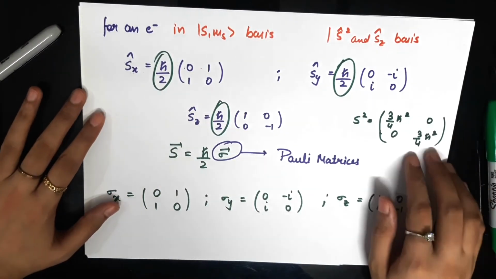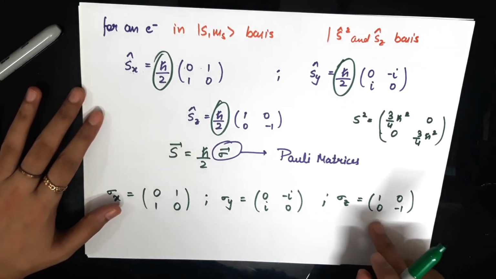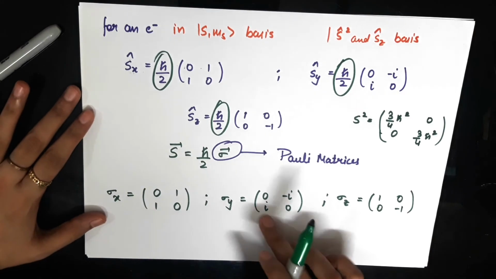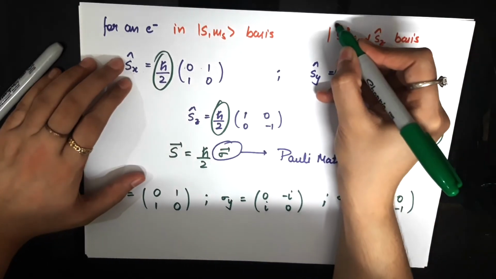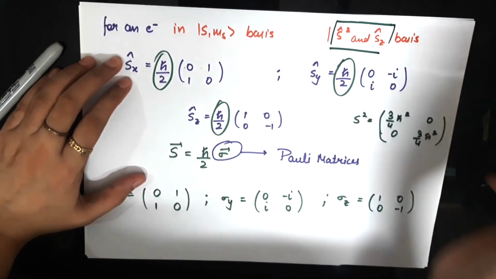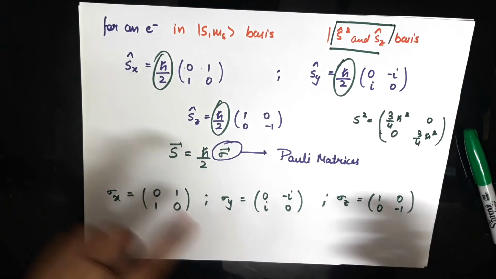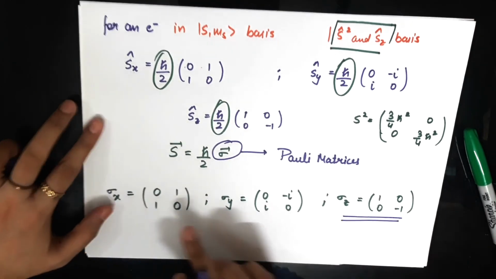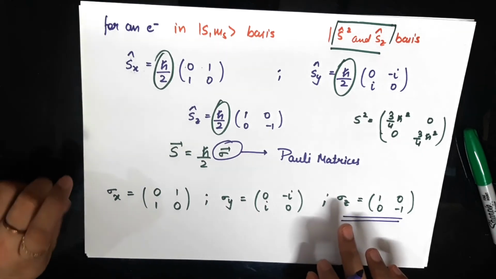These Pauli matrices, as they are defined and as you will find in many textbooks, are the matrices written in the S squared and Sz basis. You can also see that it's the sigma z matrix that is purely diagonal, and sigma x and sigma y are not diagonal. In fact, these are off diagonal matrices.